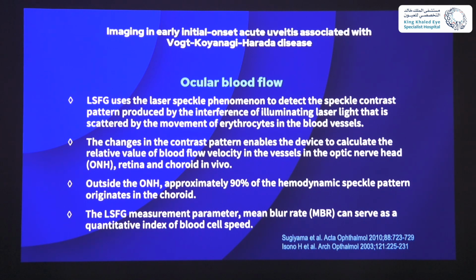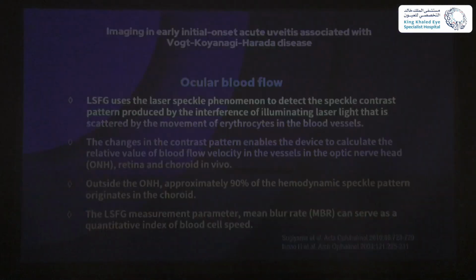We know that outside the optic nerve, about 90% of the hemodynamic speckle pattern originates from the choroid. The laser speckle photography measurement parameter is called mean blur rate, which serves as a quantitative index of blood flow velocity.